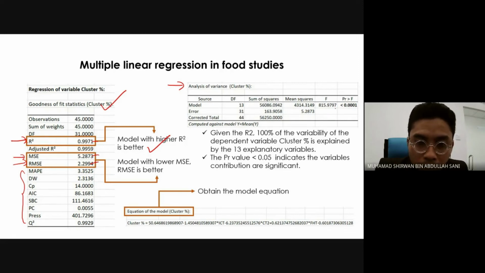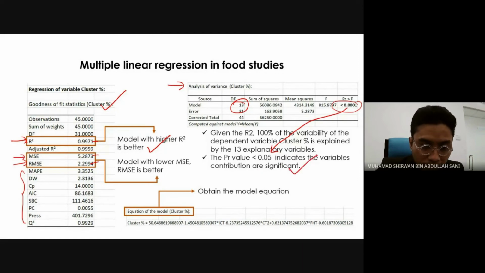The one that we calculated is 0.001, but the one that we set is 0.05. Boleh tengok kat sini. That indicates the 13 variables that we have are the explanatory variables.